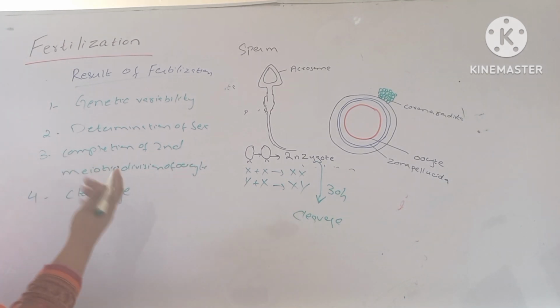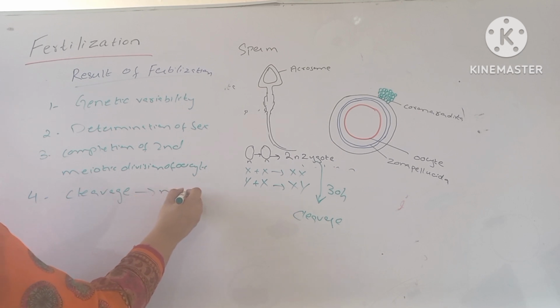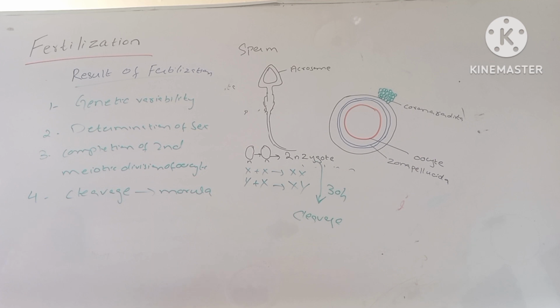Now the cleavage will start and there will be the formation of the morula. So these are the results of fertilization: first genetic variability, then determination of the sex, completion of the second meiotic division of the oocyte, and the cleavage.